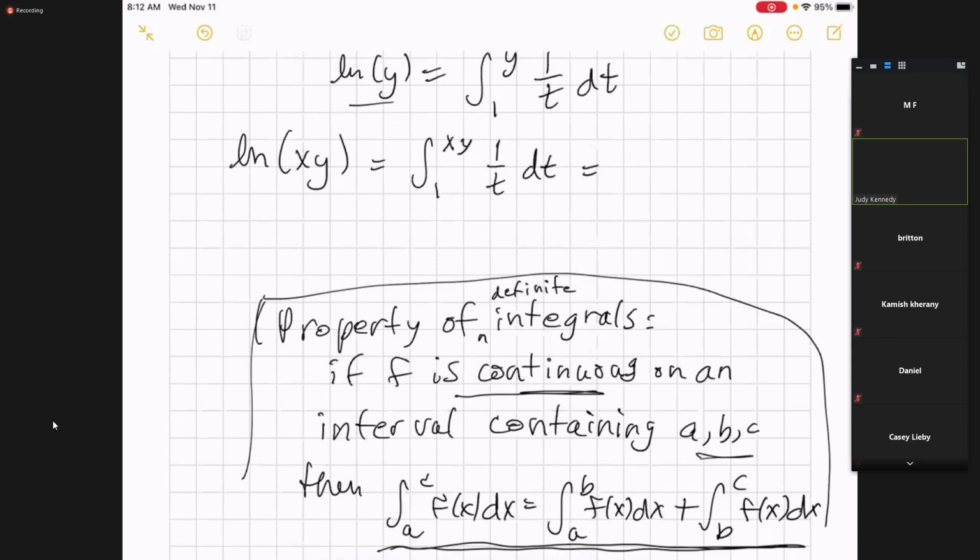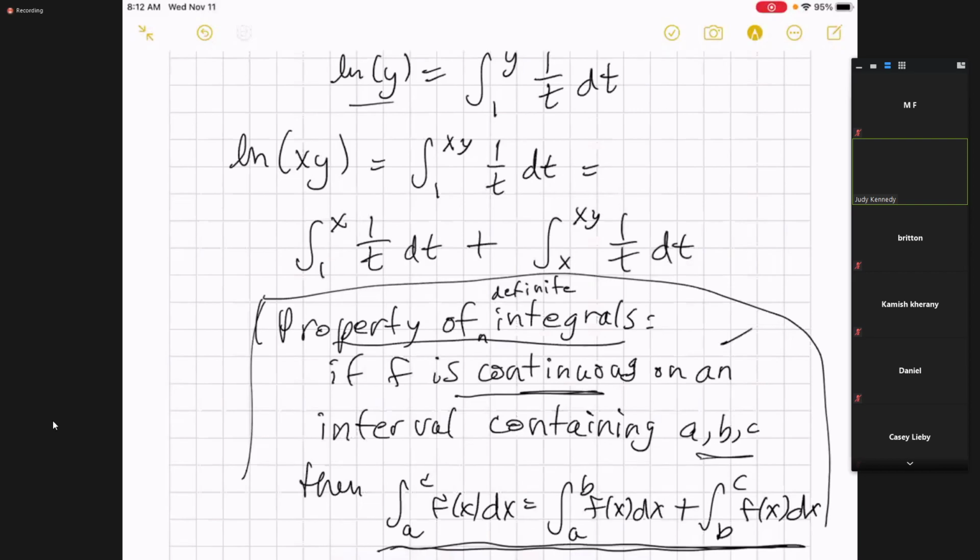So continuity, not a problem. But this property says that I can break this integral up into the integral from 1 to x of 1 over t dt plus the integral from x to xy of 1 over t dt.